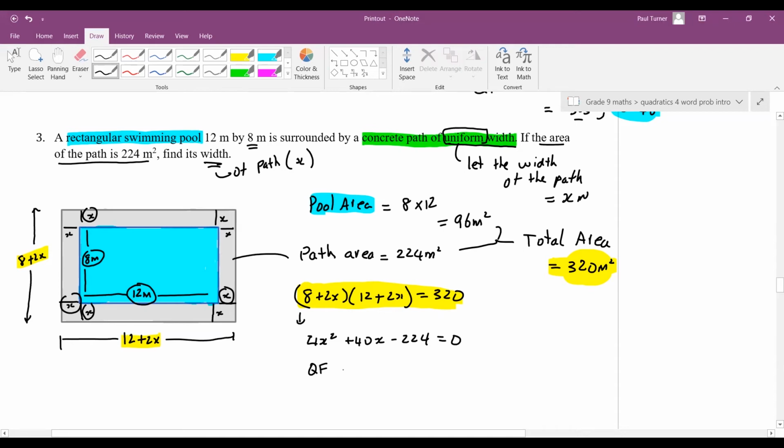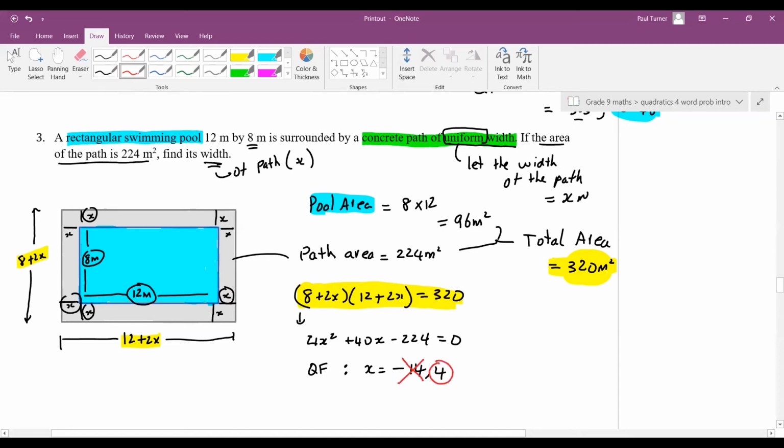Okay, so if you do your quadratic formula, you'll get x equals minus 14 and 4 as your final answer for the quadratic formula. But notice one of the numbers is negative, this one. And so you can't have a negative width for the path. It would make no sense, would it? So this number's gone.